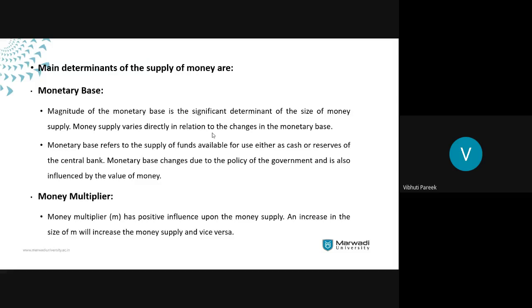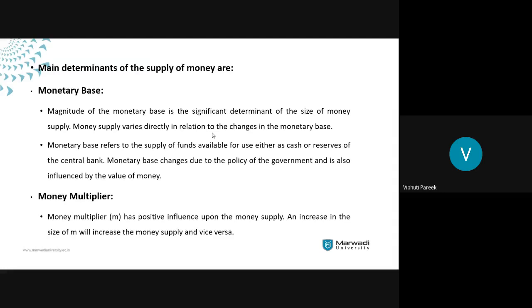It refers to the supply of funds which are available for use either as cash or reserve of the central bank. So this cash and reserve of the central bank play a very important role and are directly related with the money supply.